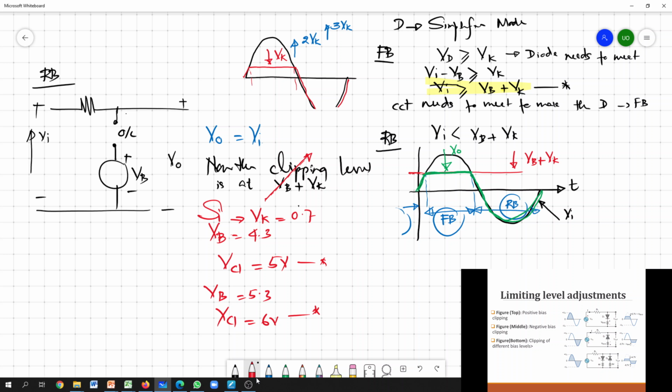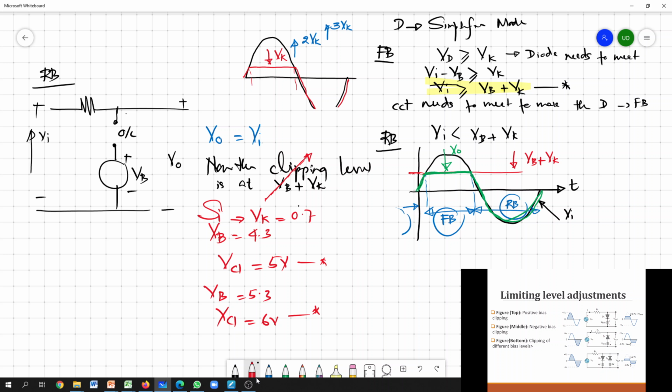If you want 3 volt, you put the biasing voltage at 2.3. Likewise, by adjusting the biasing voltage, you can get different clipping values.